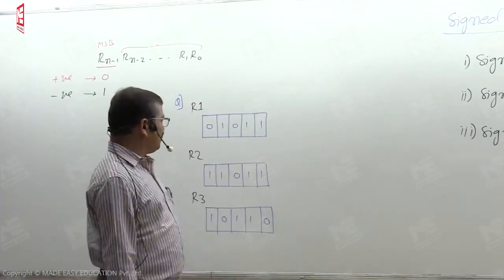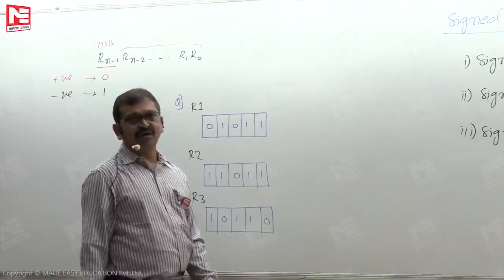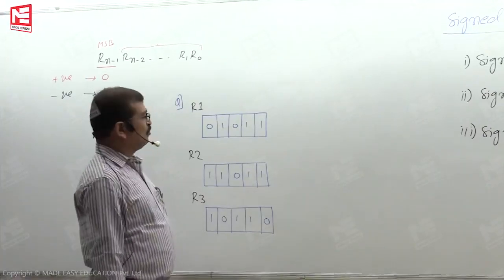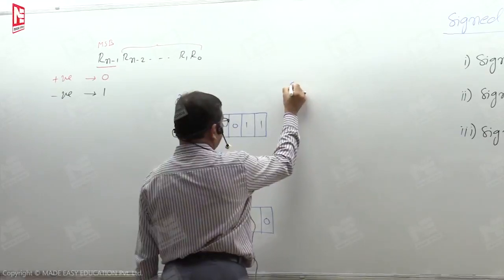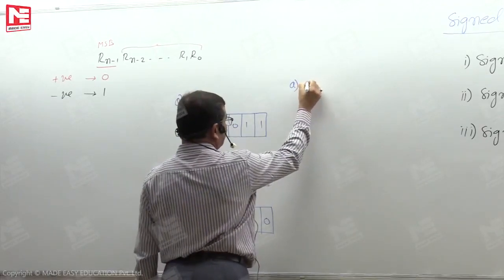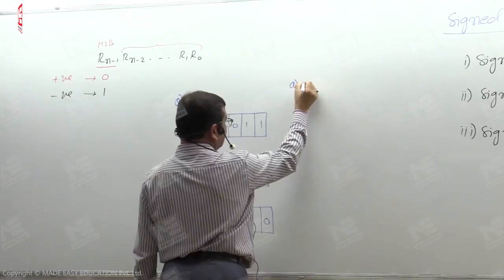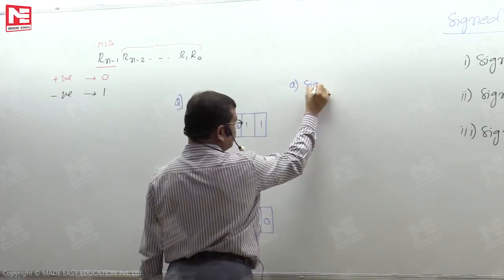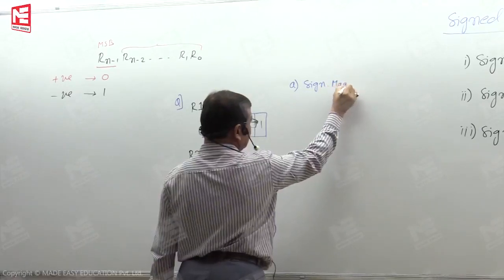In the registers R1, R2 and R3, A bit: if the data is in sign magnitude representation.